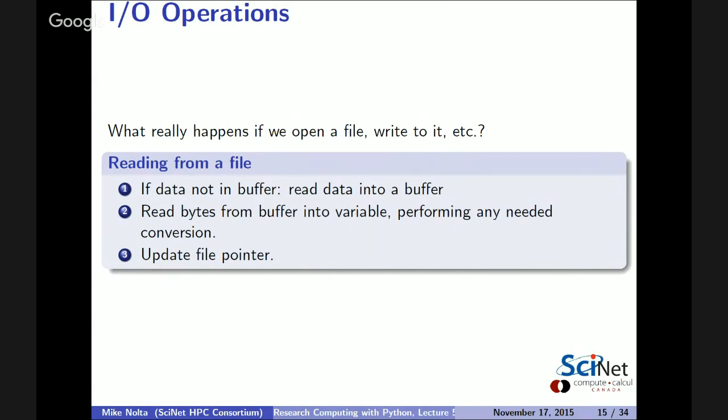Okay, reading is similar, just in reverse. So again, it's buffered. If there's nothing in the buffer, then I have to call out to the kernel and get basically a block of data and put it in the buffer.